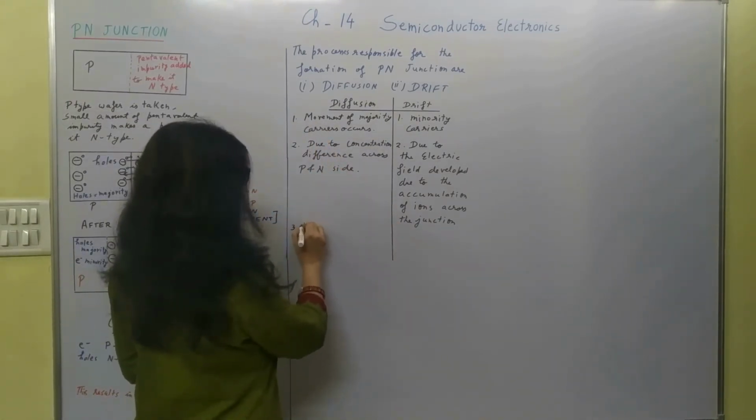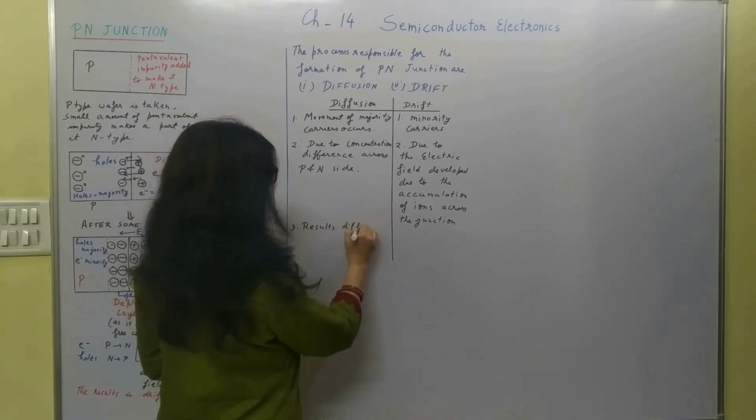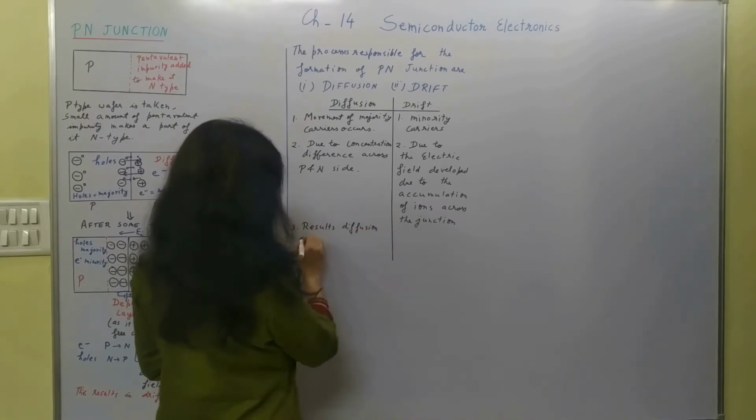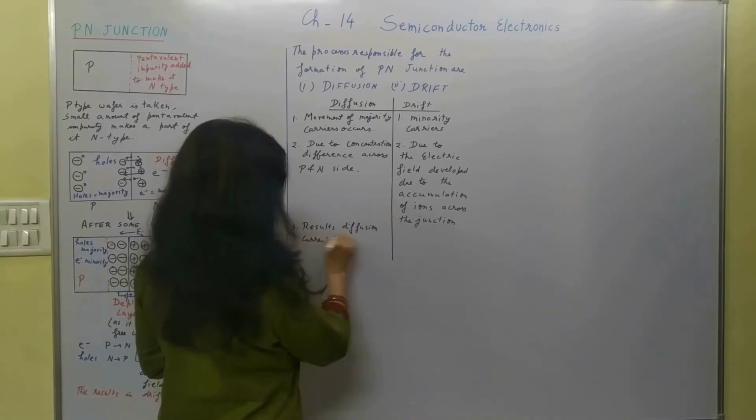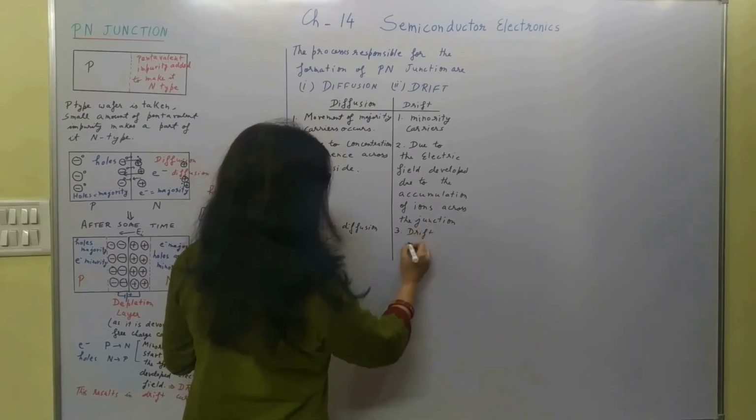So this results in diffusion current and this results in drift current.